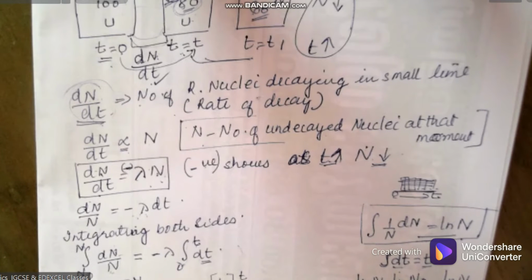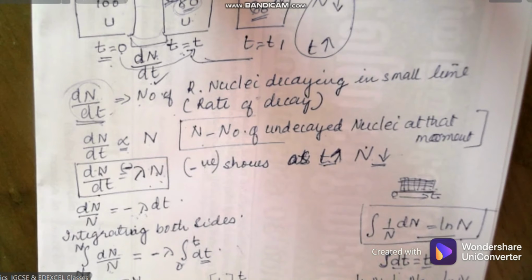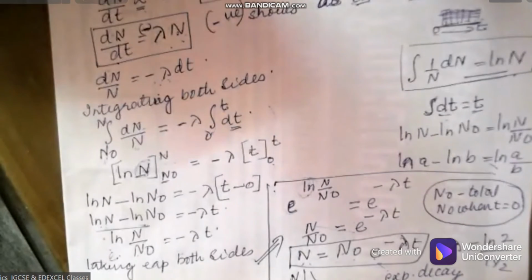Here you write n naught is the total number when t is equal to 0, that means the initial number. Okay? This is okay?